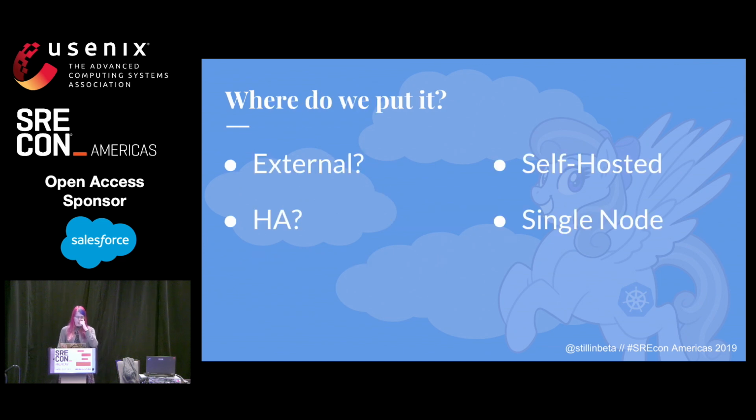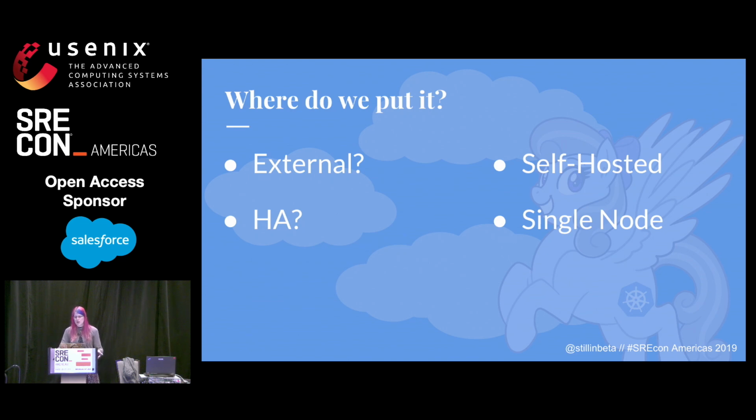So where do we put it? If you were running a high availability etcd, you can use an externally hosted etcd. You could probably have a whole bunch of different etcd instances.